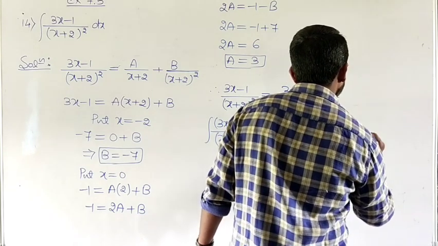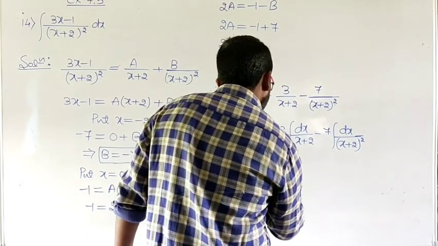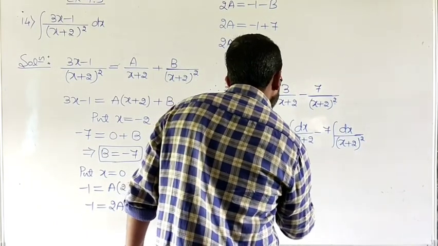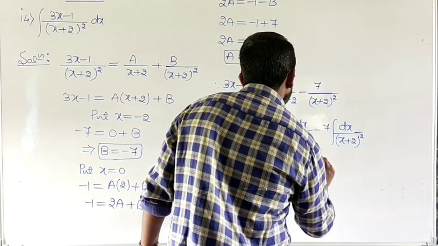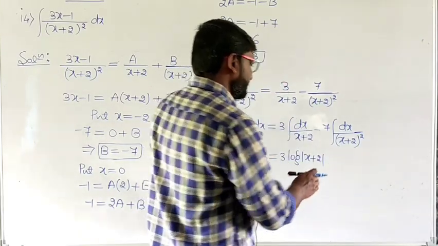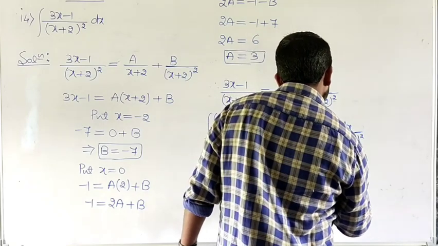So now 3 times log mod (x plus 2), then minus 7, write it as it is.